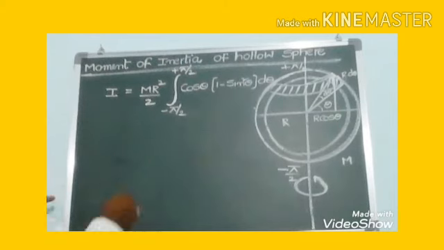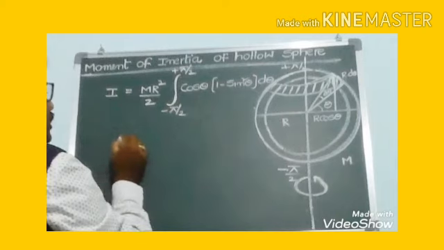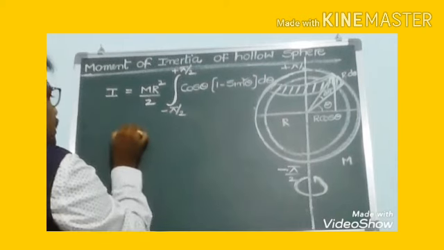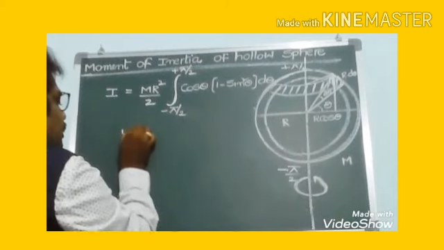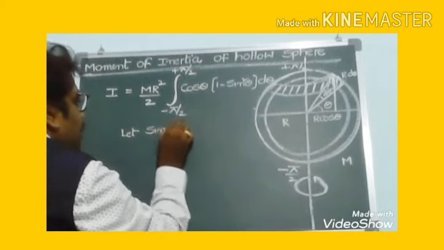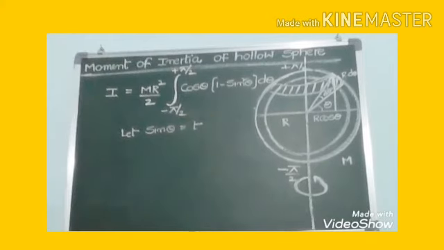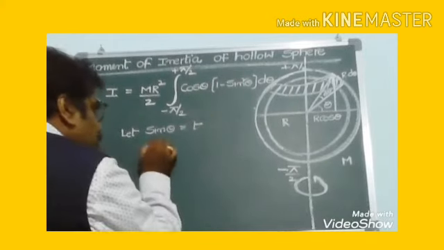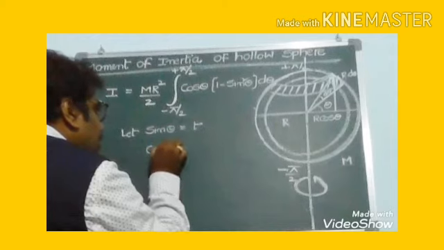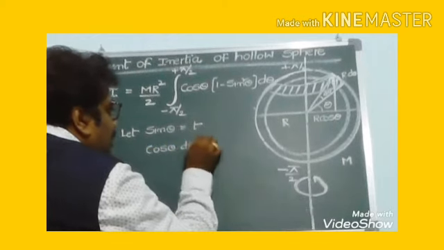Now for calculation purposes, you can take sin theta equal to t, and differentiating both sides, cos theta into d theta equal to dt.